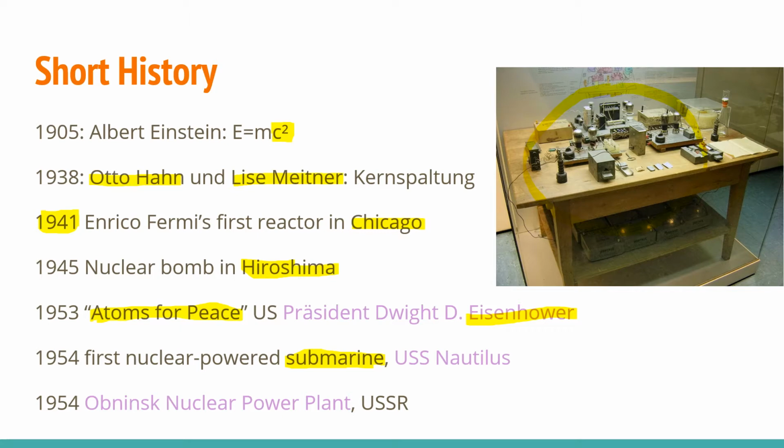So they started a nuclear-powered submarine, the Nautilus, also very famous because it was the first submarine that crossed the North Pole. And the same year, the first nuclear power plant for commercial use of electricity was started in the Soviet Union.